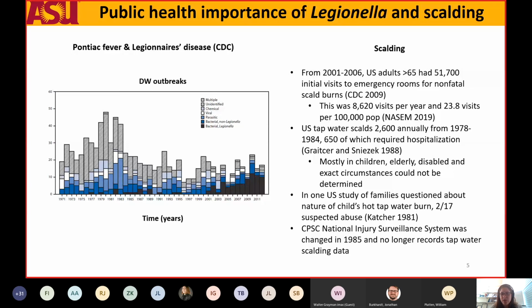And it's really hard to exactly determine what the cause of some of these scalds are. And in some cases, they have been suspected in abuse. And the reason why some of the data we have on this is a little bit dated is these types of data are not collected anymore through the Consumer Product Safety Commission. So clearly, we have a different level of evidence for these two different types of risks.